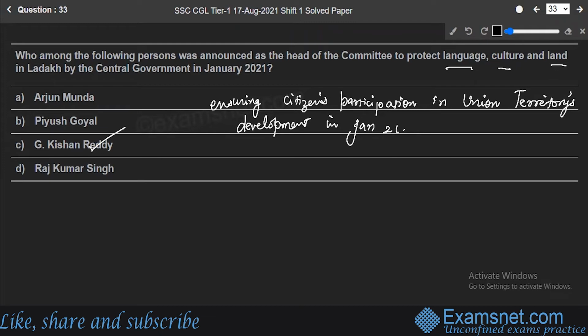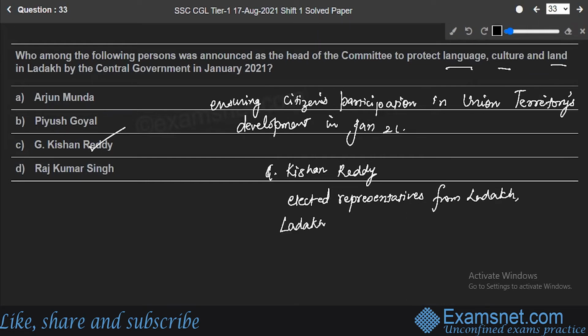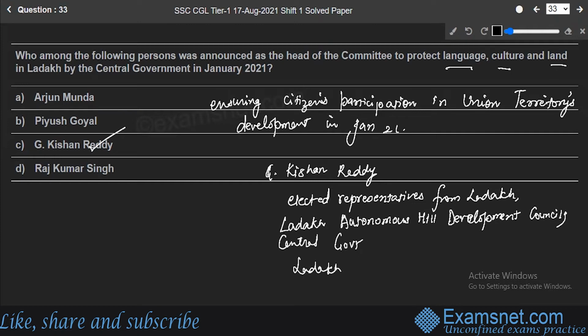So let me write down these names also. So it is G. Kishan Reddy, elected representatives from Ladakh, Ladakh Autonomous Hill Development Council, and central government and Ladakh administration.